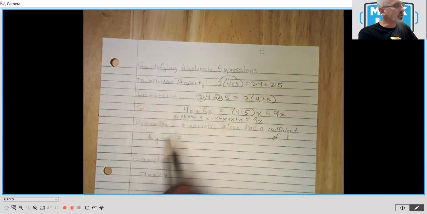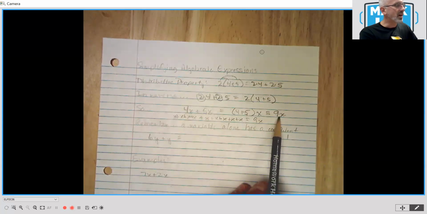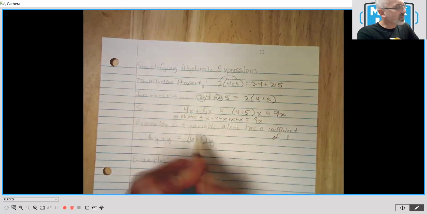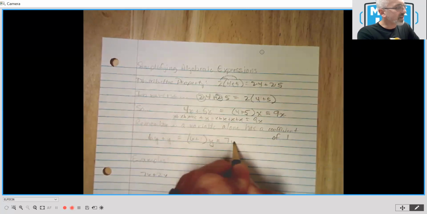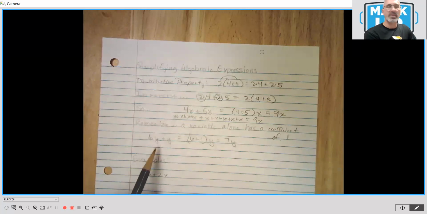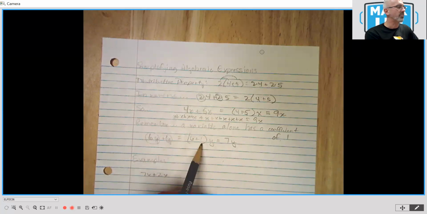If we do the reverse distributive property, we get 6 plus 1 in parentheses times y, which is 7y. So you can see by these couple of examples, we group together like terms, meaning if they have the same variable, we can group them together and do this distributive property.